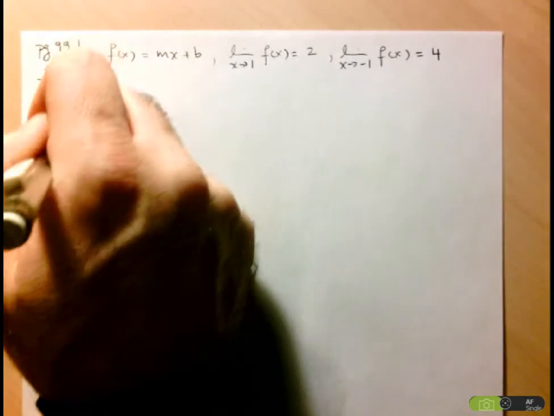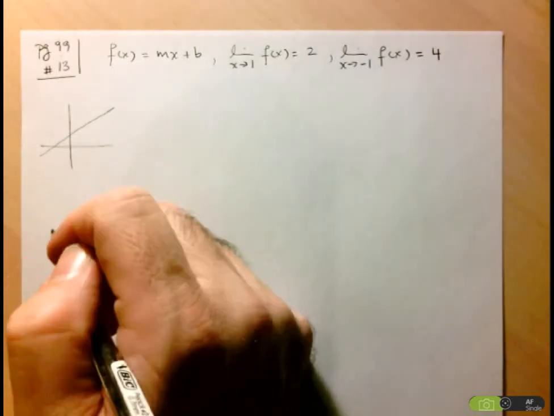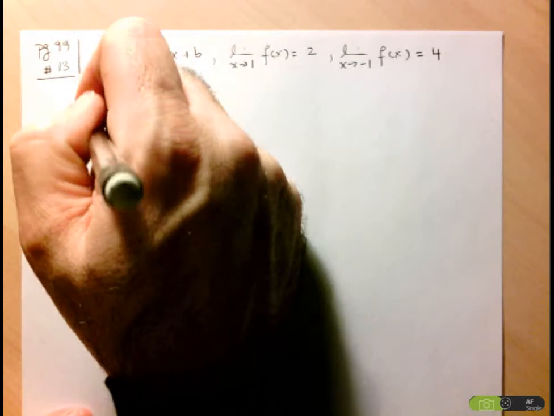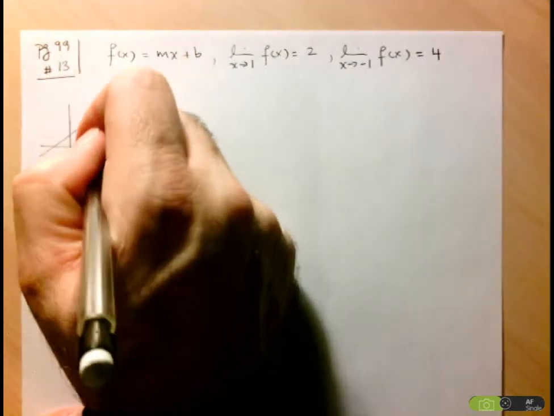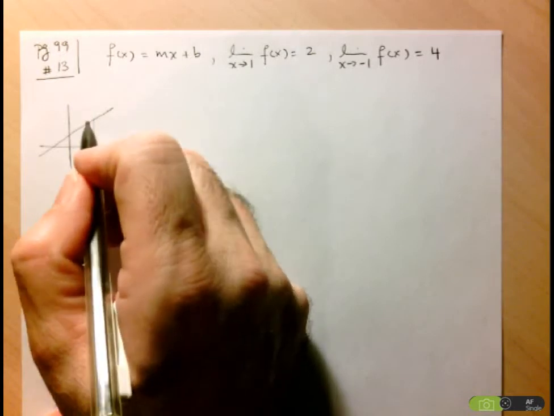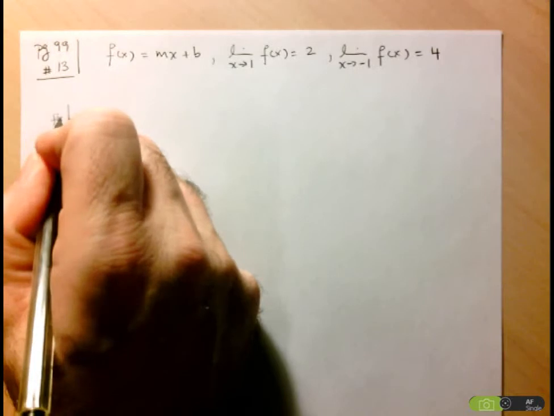So we know that a linear function, first of all, has a limit at all x values, not only in the domain, but over all real numbers. And for any value a that I take, the function values approach the value at a as x approaches a.